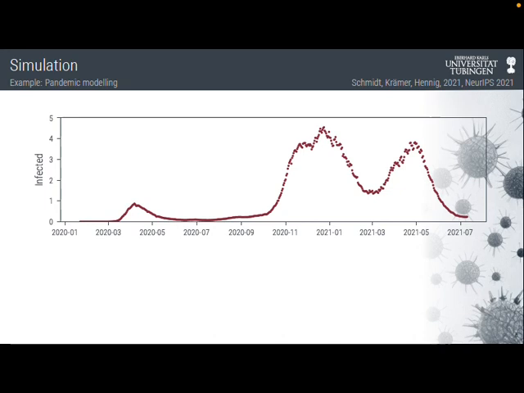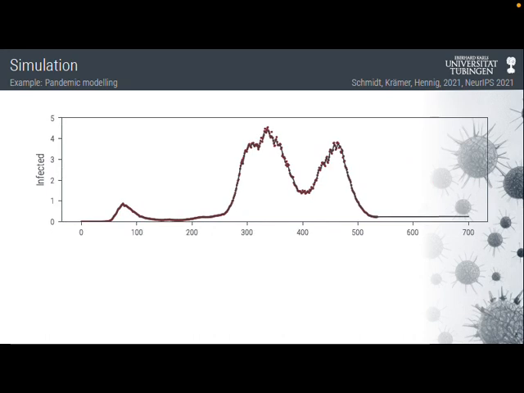Knee-jerk reaction is, I'm going to use my favorite machine learning model, like a deep neural network or a Gaussian process regressor or whatever you like, to extrapolate on the right. If I use a ReLU neural network with 2 hidden layers, then the prediction looks like this. You can see a black line connecting the dots, right? So I'm guessing you all agree with me that this is a pretty useless prediction.